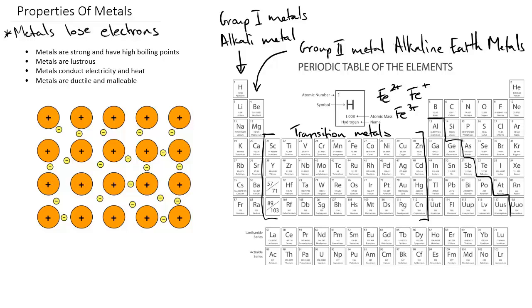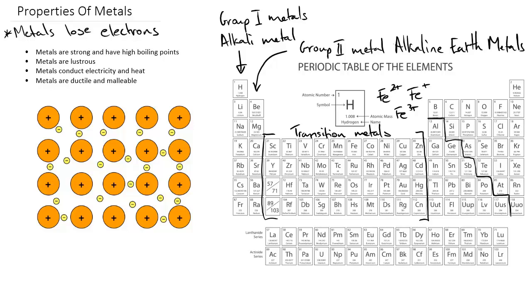We'll explore each of these points as we progress through the tutorial. What that means is that they're pretty strong, meaning that you can't really twist and bend them very easily. They have high boiling points, so you can't really melt them at a low temperature. You need a significantly high temperature.